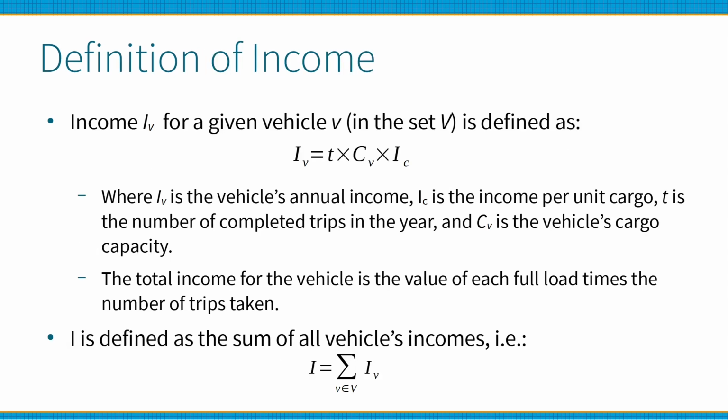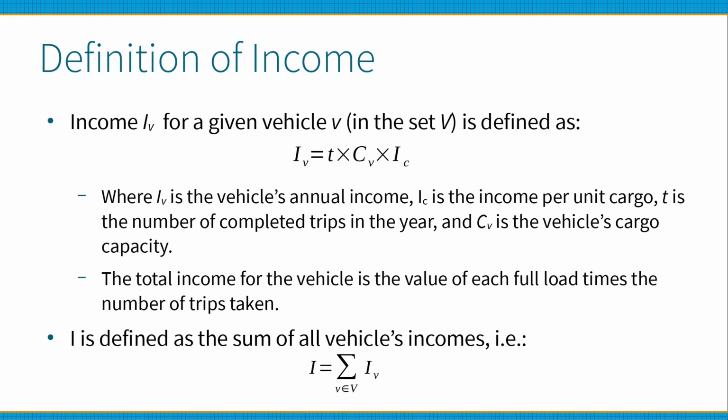Now, as far as predicting income, it sort of goes without saying that our income is the sum of the income from all of the vehicles running, and you can see that at the bottom there with that thing that looks like an E. It's called the summation operator. We're basically saying that the total annual income is the sum of each individual vehicle's incomes.